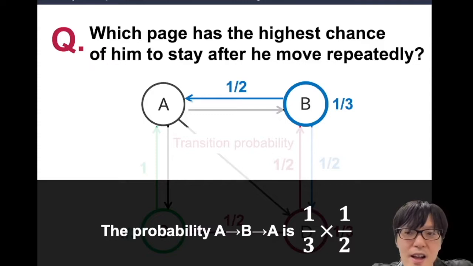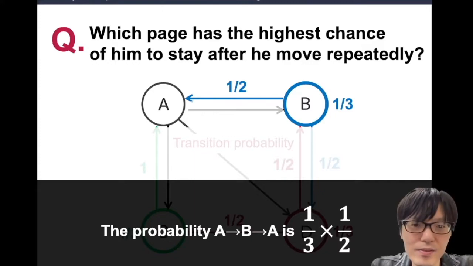As we already calculated, the user's probability of staying on page B after the first transition is 1/3. That's why if the user moves from A to B in the first transition and from B to A in the second transition, the probability is 1/3 times 1/2.